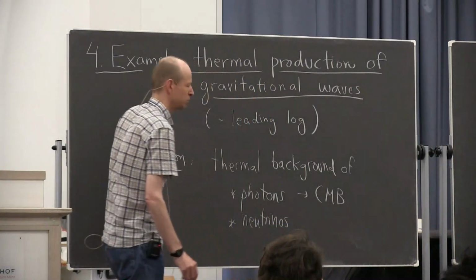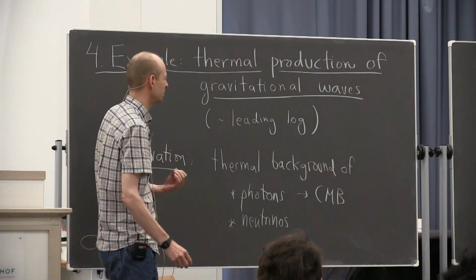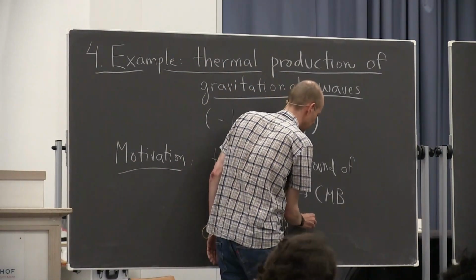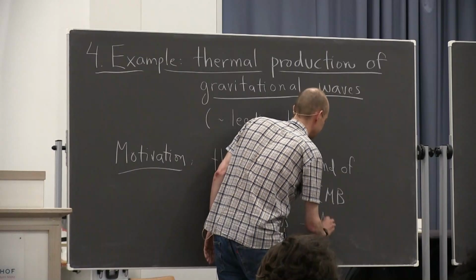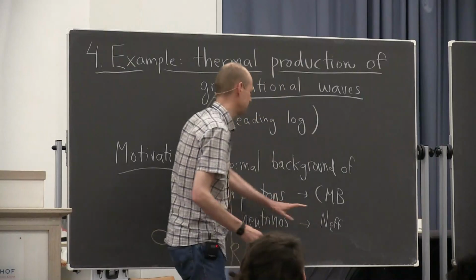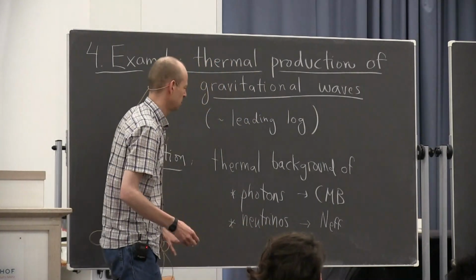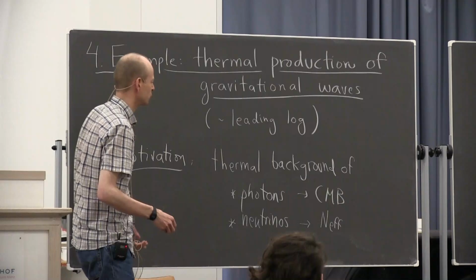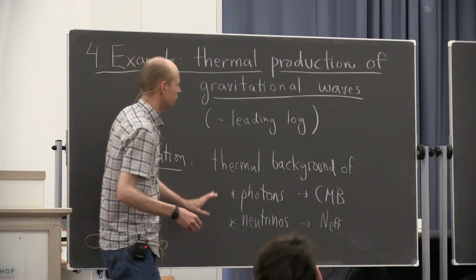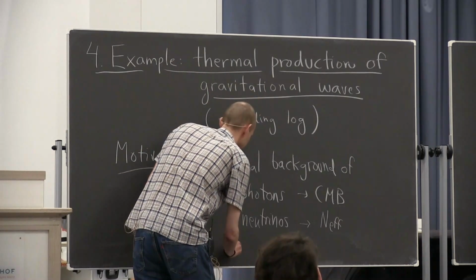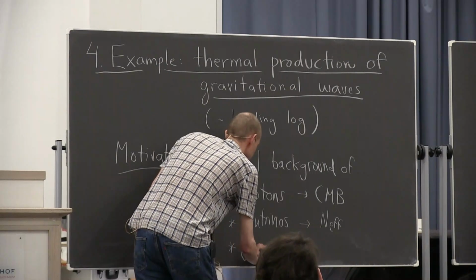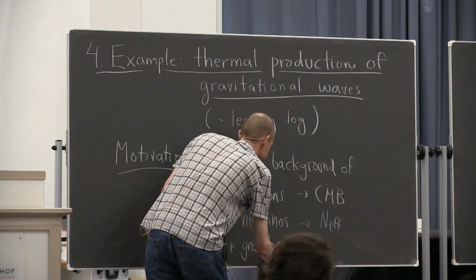This has not been measured directly, but indirectly we know about it. For instance, yesterday in the student talks we heard about this parameter N effective, and N effective is an indirect measurement of the thermal neutrino background. And so now the question is, could there also be a thermal background in gravitational waves, or gravitons if I use the same particle language?